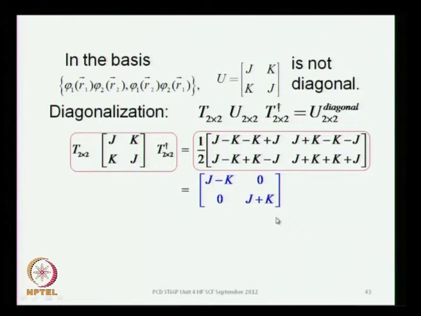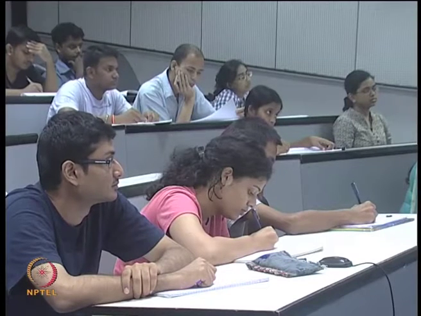So, these are the diagonal elements, okay, and these will give you the corresponding eigenvalues of the problem, and the matrix which diagonalizes the matrix j k k j is this, 1 over root 2 times 1 minus 1 1 1. So, this is the matrix which diagonalizes the 2 by 2 Coulomb exchange matrix. Okay.